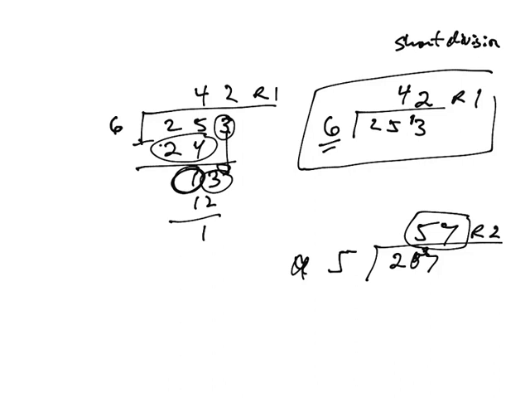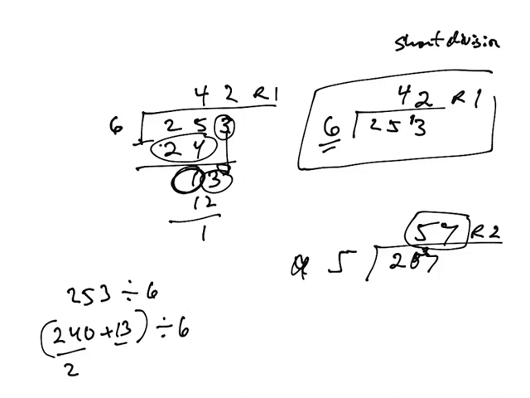And long division itself is a bit of a distributive property thing. It's kind of like, instead of 253 divided by 6, it's kind of like 240 plus 13 divided by 6. And we divide each piece by 6. So 240 divided by 6 plus 13 divided by 6. Well, 6 went into 240 evenly. But the 13 divided by 6 was the 2 remainder 1.